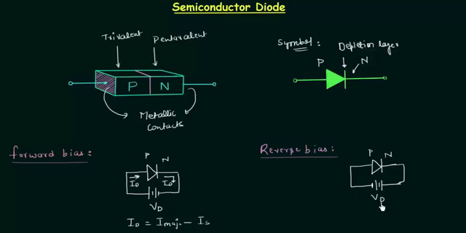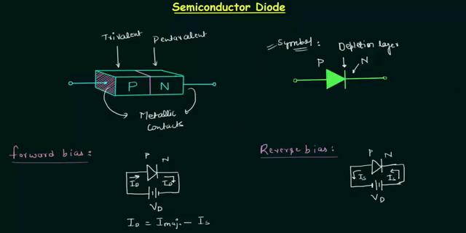This is Vd, the reverse bias potential, and in reverse bias condition, the only current is the reverse saturation current, that is Is. So this is the only current in reverse bias condition. So this is all for the symbol of the semiconductor diode.